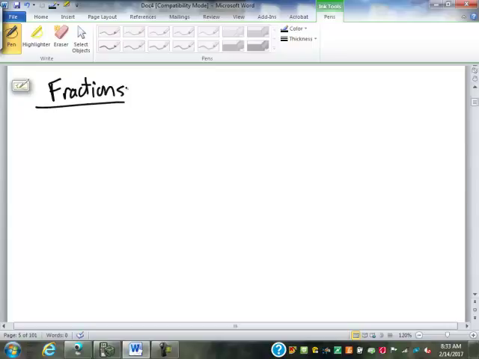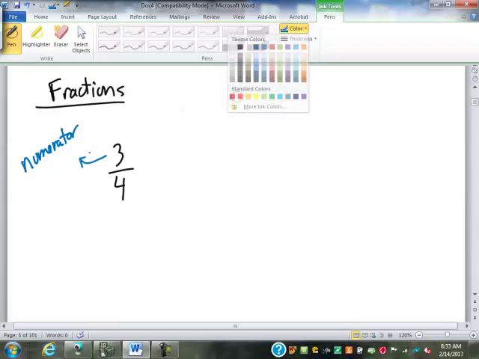To deal with fractions, you remember we mentioned that a fraction has two parts. It's one number with two parts. The top, which is called the numerator, is a count. It tells us how many we have.